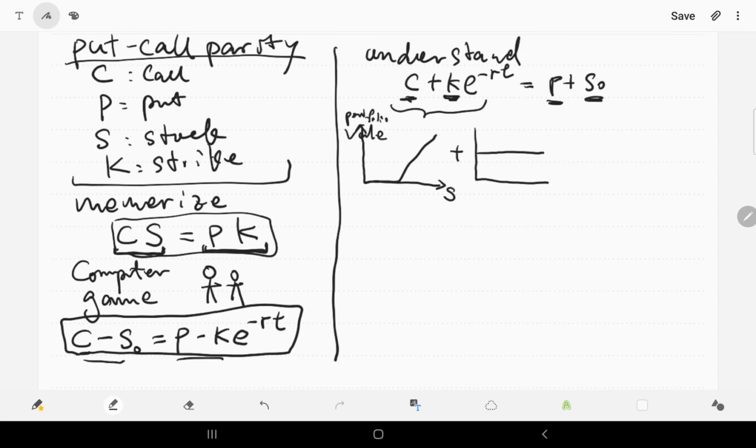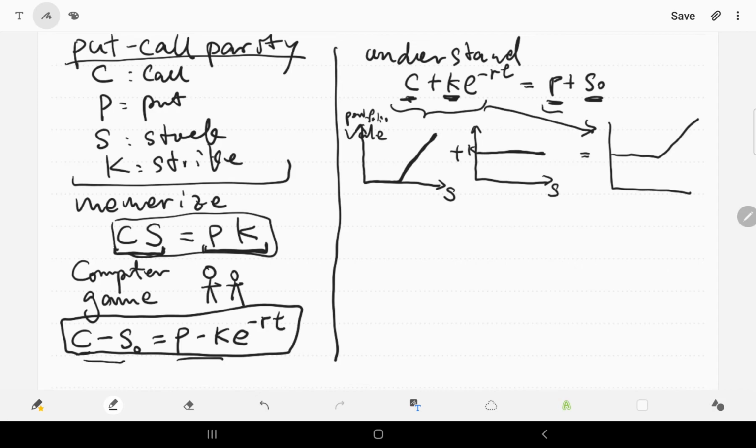If you only have a single call option, the payoff is like this. But if you have cash, then no matter where the stock price goes, it will always be a flat curve with the present value K. So in the end, since we shift the call option's value by the constant K, what you get is your portfolio value for the left hand side.